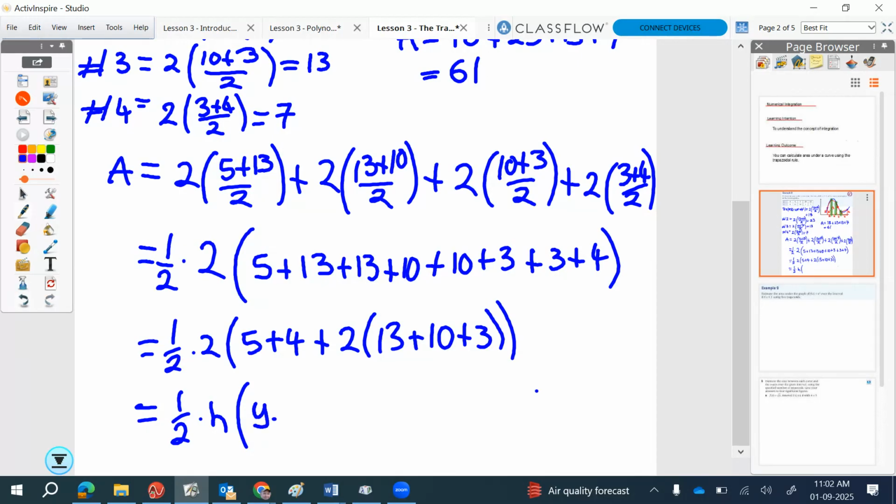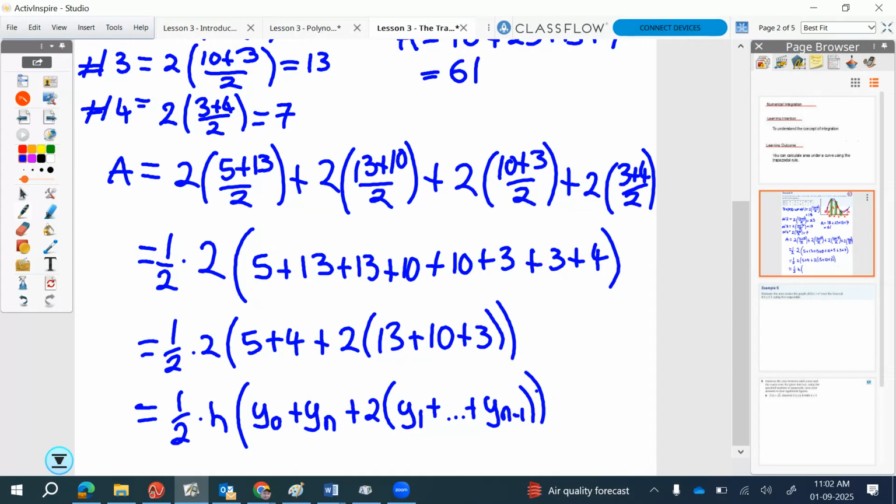We want the first y value, y0. We want the last y value, yn. And then we want two lots of everything in between. That's y1 up to yn minus 1.